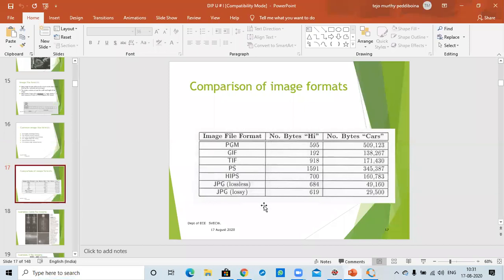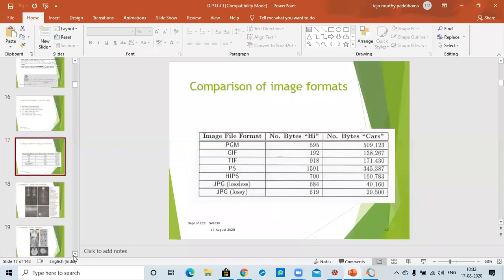So we have different types of file formats. We have JPEG images. In JPEG also, we have lossless and lossy, and TIFF formats are there, GIF formats are there. All these type of images we are going to see in our future classes. Just I am giving just introduction of this class.